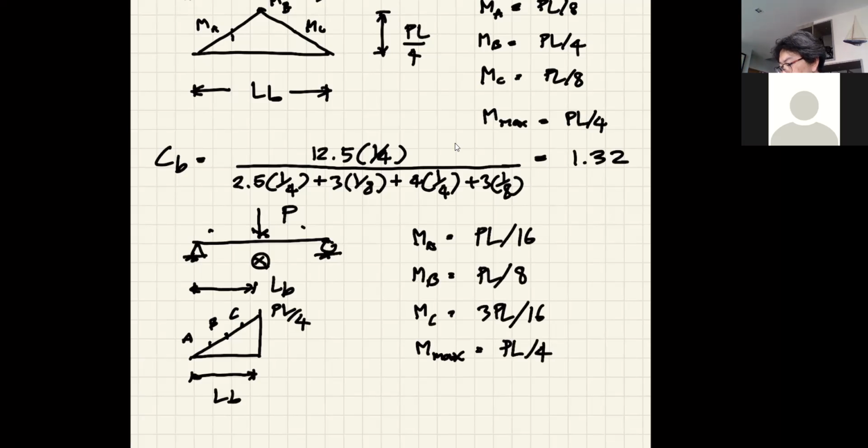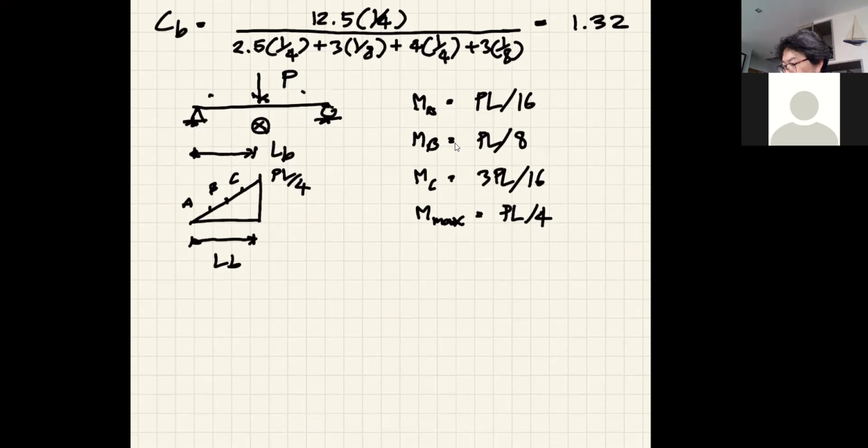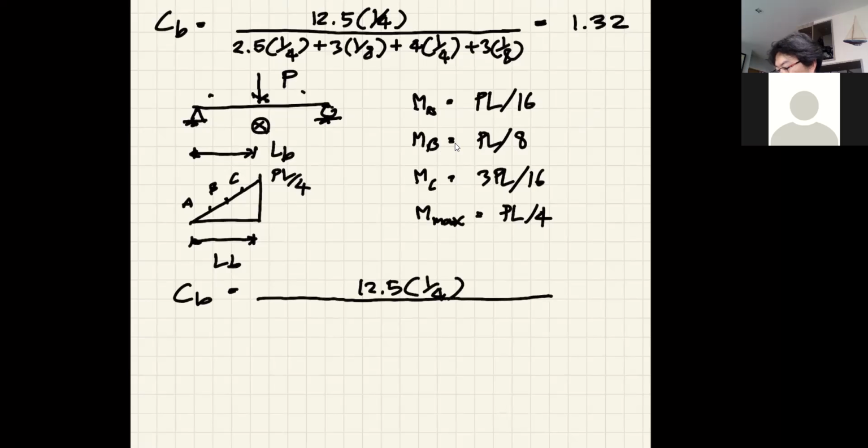So that means my CB will be equal to 12.5 multiplied by M max, which is 1 over 4, divided by 2.5 M max, again 1 over 4, plus 3 MA, this time is 1/16.